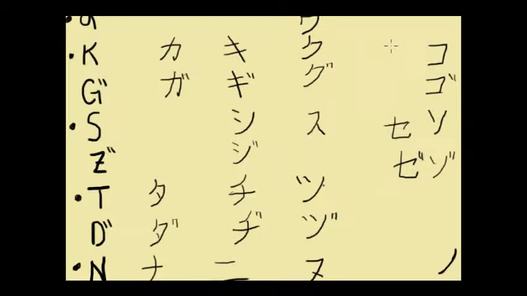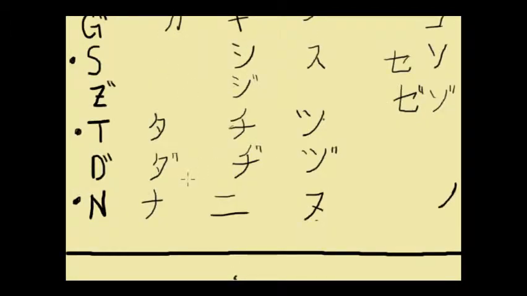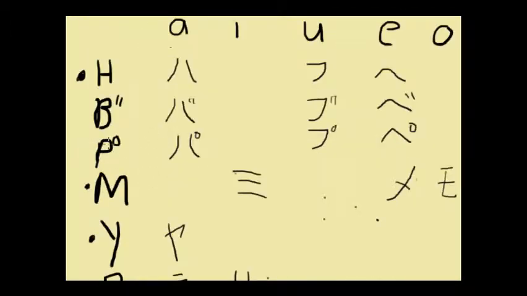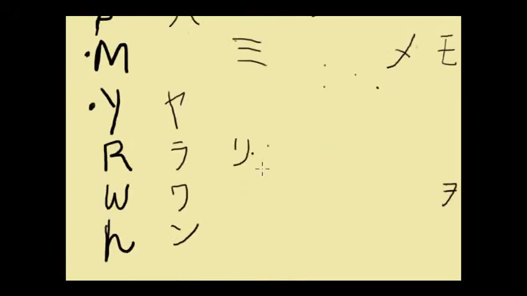So ka, ki, ku, ke, ko, ga, gi, gu, ge, go, and just fill it in with all the voiced versions, and then the plosive version of ha: pa, pi, pu, pe, po. At the end of that, you can even add in the strokes for the various diphthongs. It's not too difficult to do this all from memory. Create the chart, then you're just filling in the chart from memory.